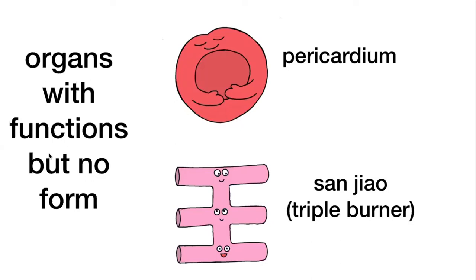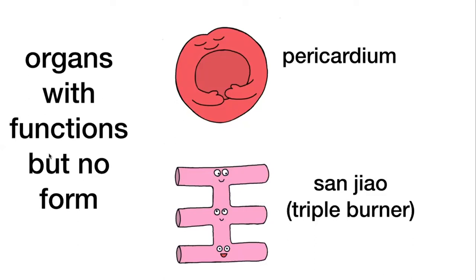The sanjiao, or triple burner, has the most important function in distributing mainly the qi to all 12 meridians. So that's the sanjiao and pericardium.